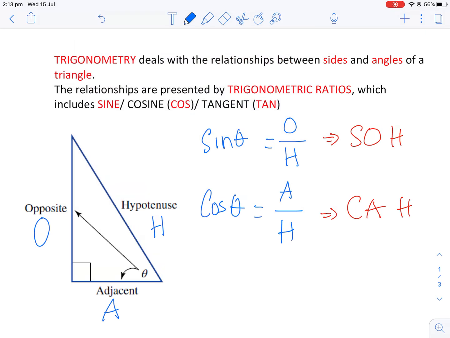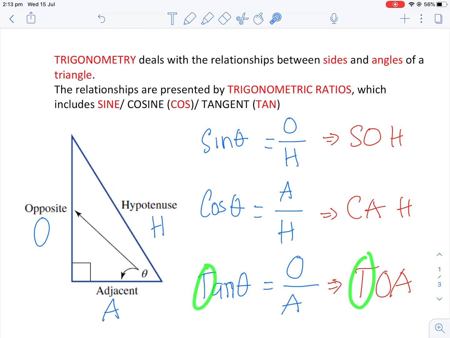The next one is tan. Tan of theta equals opposite divided by adjacent, and the abbreviation for this one is TOA. T for tan, O for opposite, and A for adjacent.